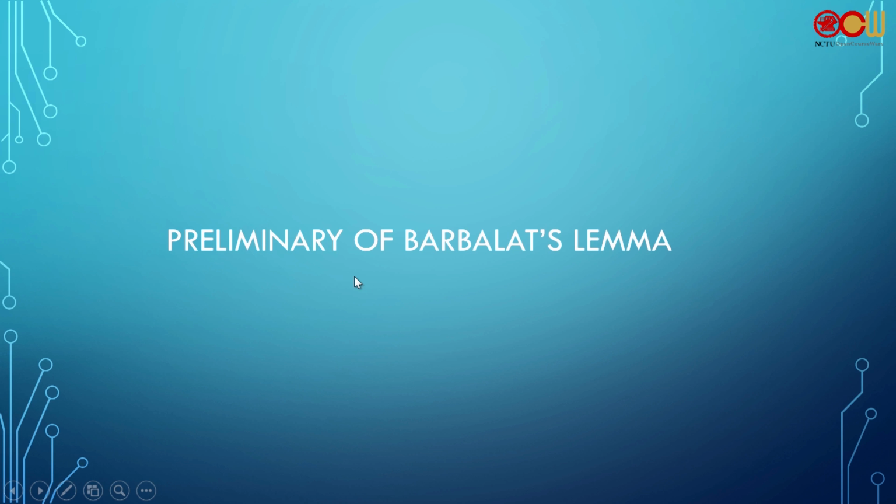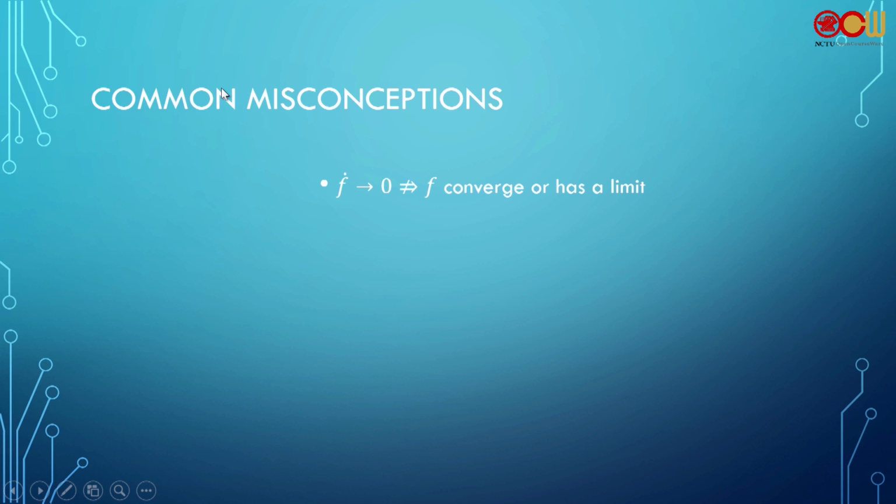Before we talk about Barbalat's lemma, there are some common misconceptions, things you usually think are true but are not. The question is, if f is a continuous function and its time derivative approaches 0, do you think f will converge to a constant or have a limit?